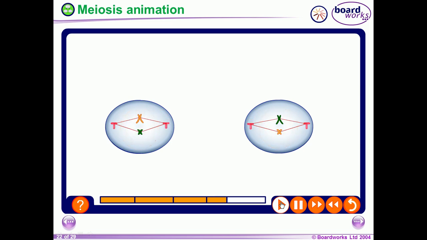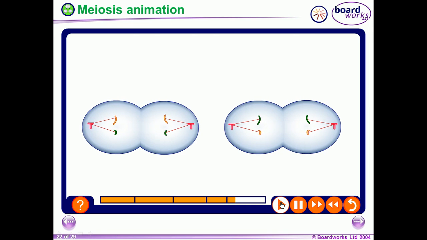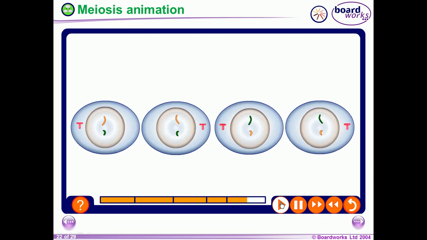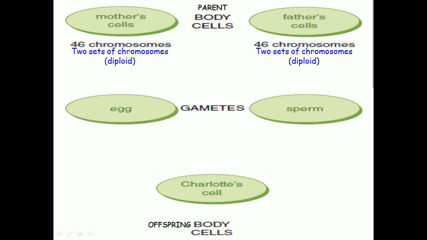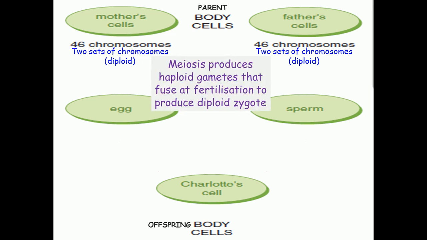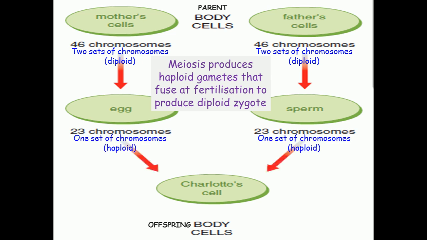So this time 2 cells divide to form 4 cells, and this time round the replicate chromosomes separate, forming haploid cells. This means that we could start off with diploid cells and produce haploid cells using meiosis. And these haploid gametes can then be fused together in fertilization to produce our diploid zygote offspring.